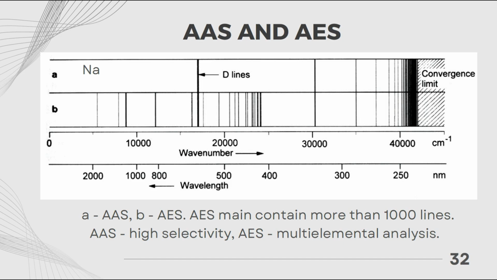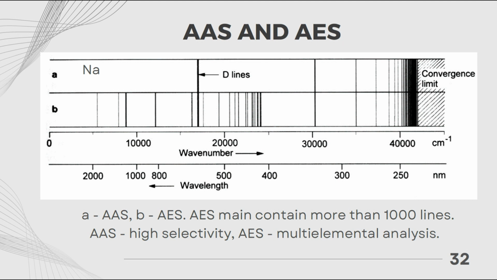So what if you would have a question, what is the difference between AES and AAS? They're really very close techniques, but AAS is usually used for high selectivity analysis, and by using AES you may perform multi-elemental analysis at the same time.